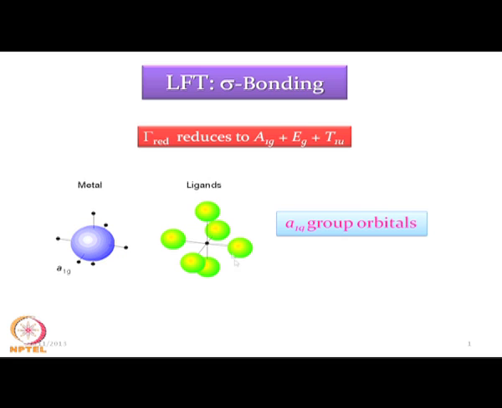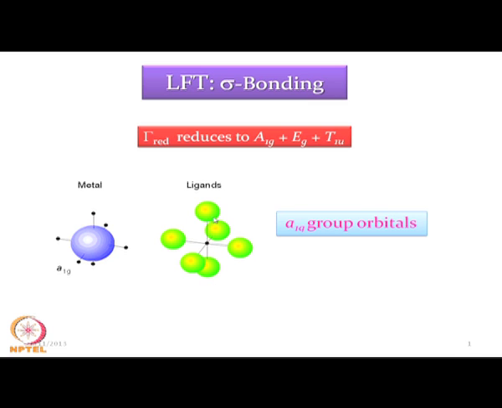From the ligand side, if we use 6 ligand orbitals available for sigma bonding, the symmetry level of the Px, Py and Pz is available for overlap with the A1g symmetry of the metal orbital.